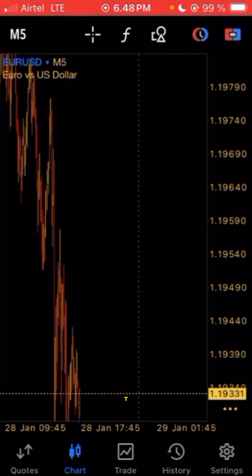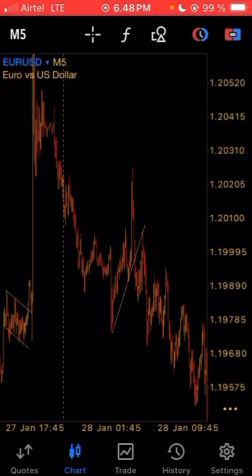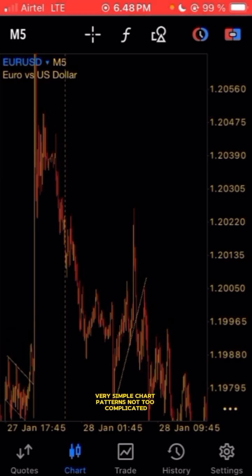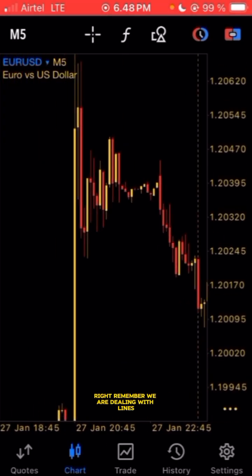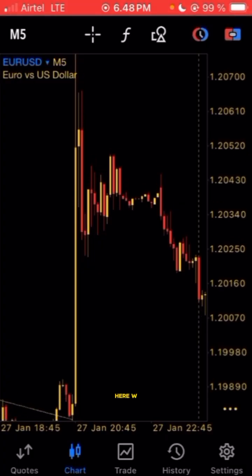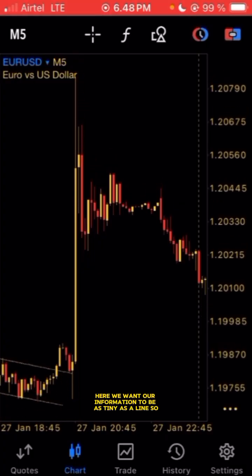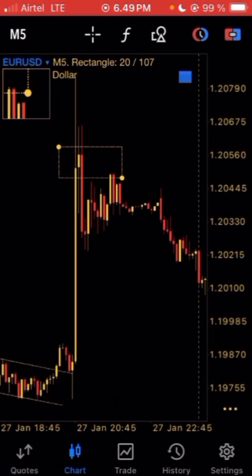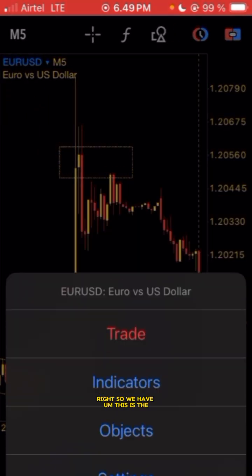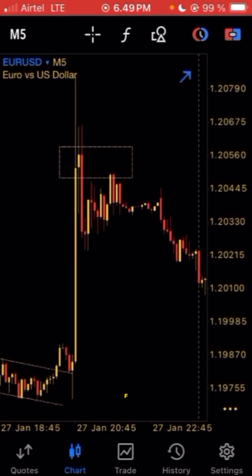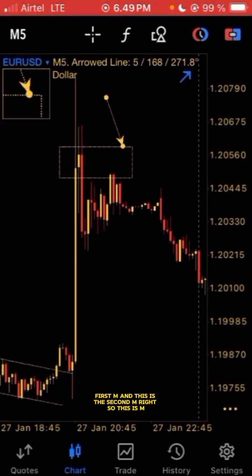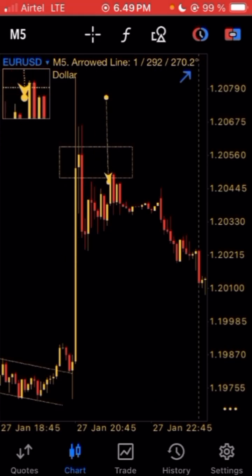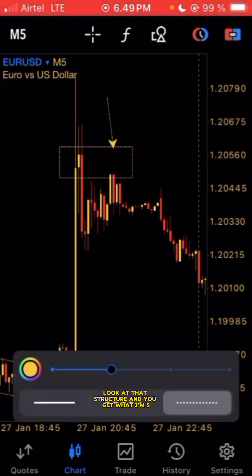Now, the second thing that's inside the price action concept is your chart patterns. Very simple chart patterns, not too complicated, right? Remember, we are dealing with lines here. We want our information to be as tiny as a line. So we have something like this, your M pattern, right? This is the first M and this is the second M. You look at that structure and you get what I'm saying.